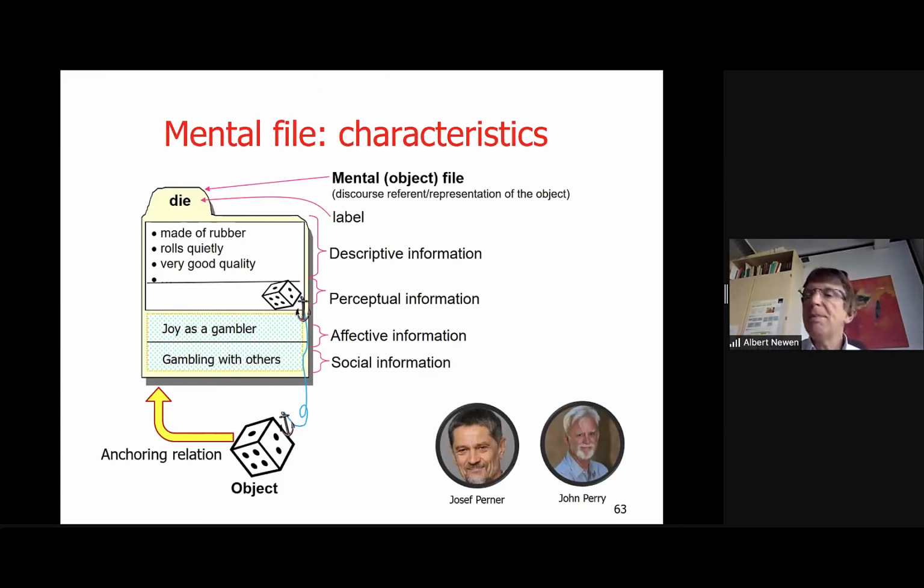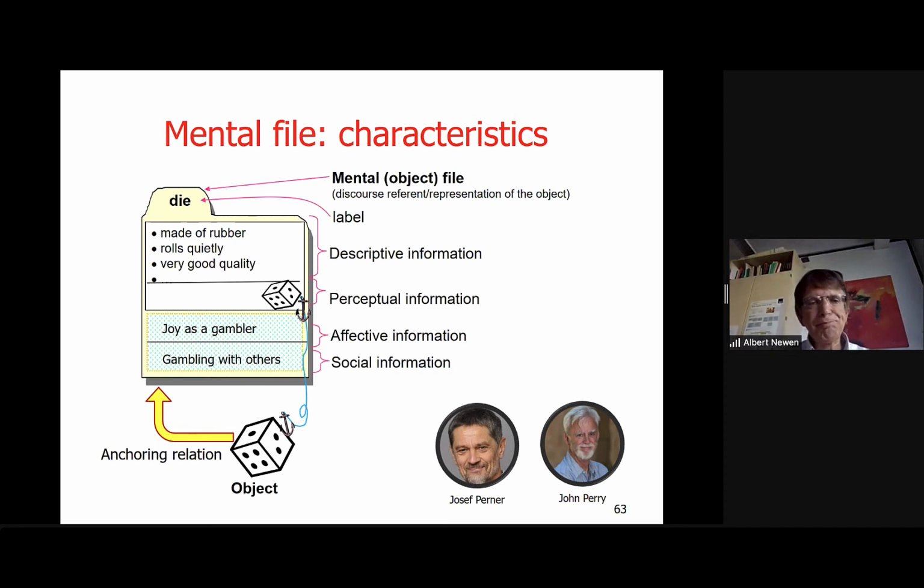Okay, now let me transfer this kind of developmental picture into the framework of mental files. And the mental file heroes are, for example, John Perry. We may also mention François Recanati, and more recently in psychology, Joseph Perner, with whom I'm collaborating.